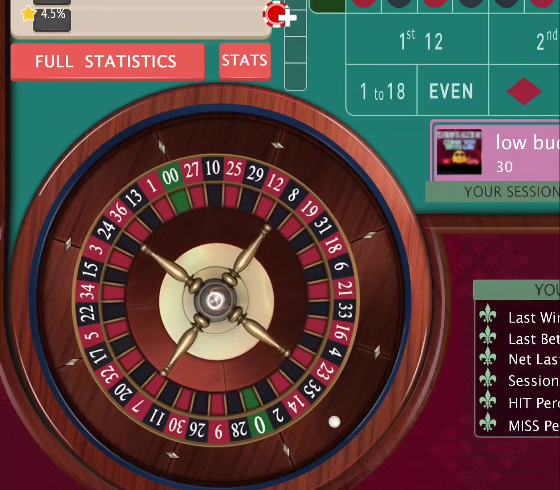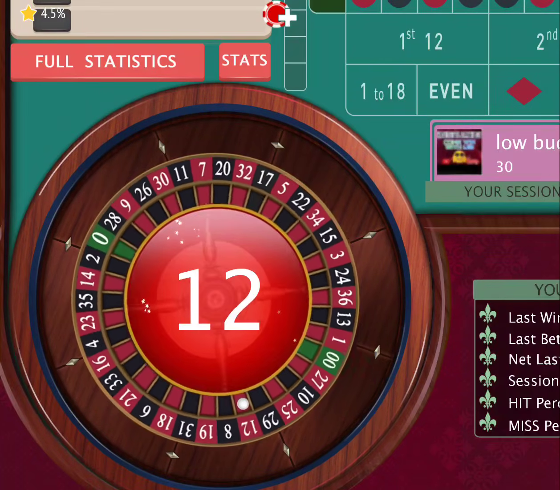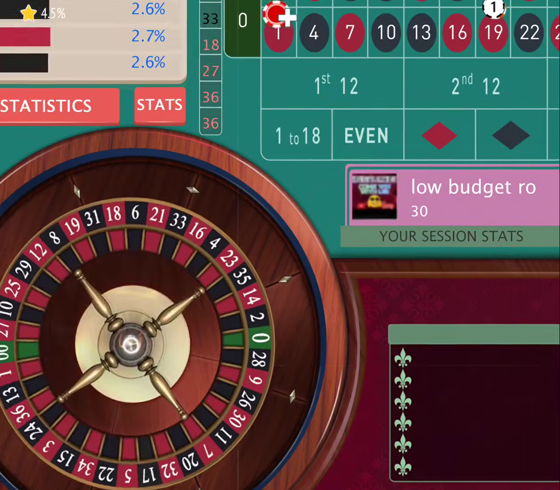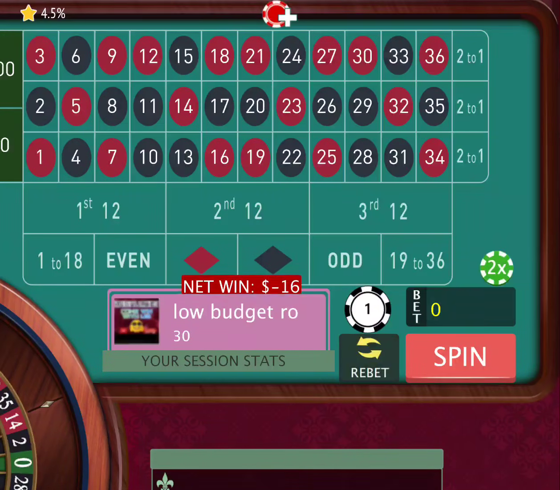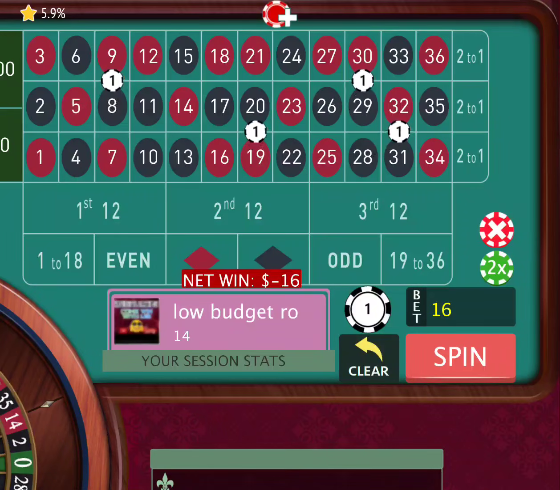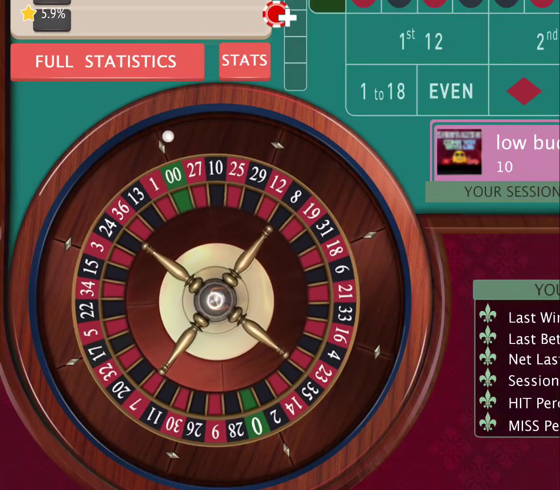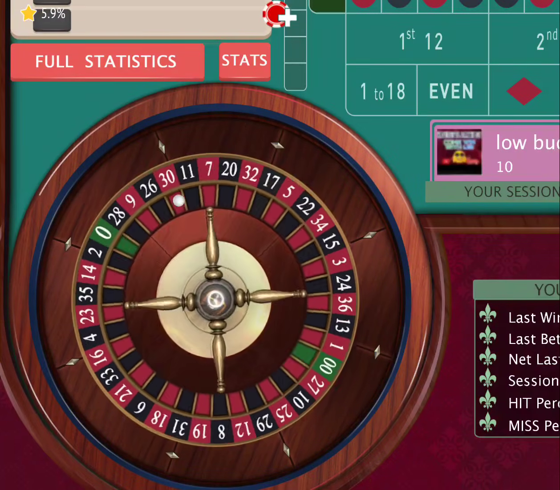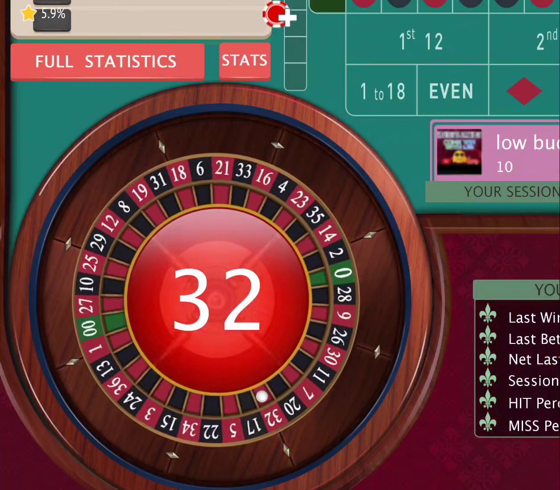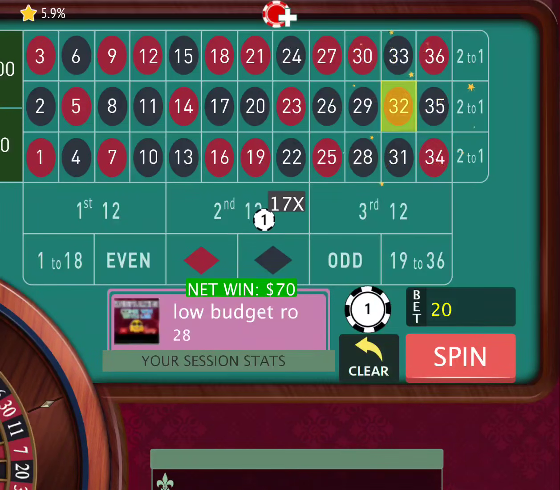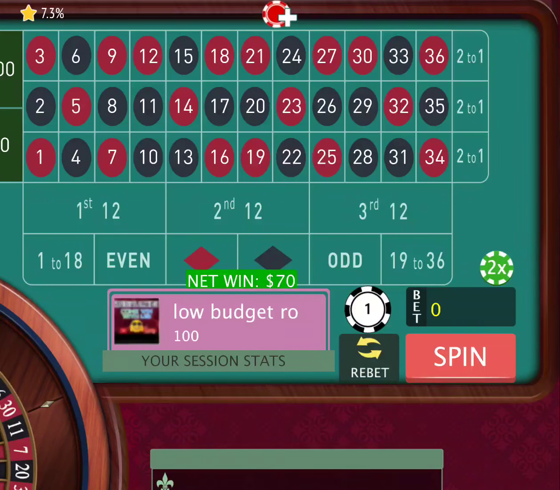Spin again. 12 comes out for a third miss. Let's go over here and ladder the system again. 32 comes out, and that is a $70 return.